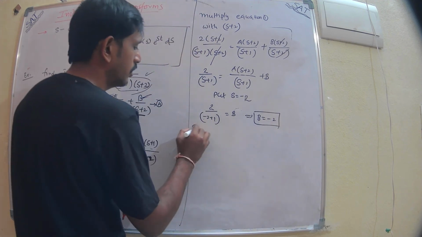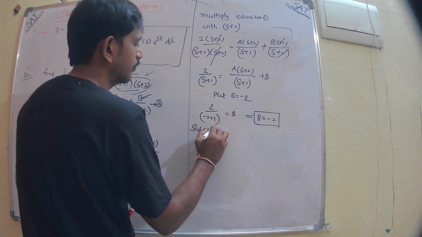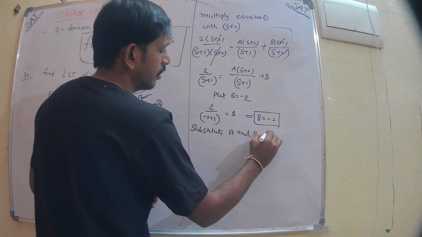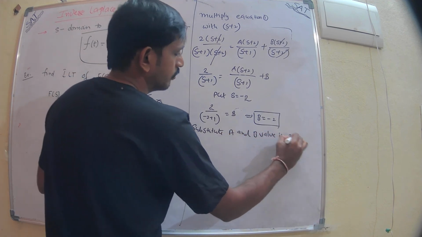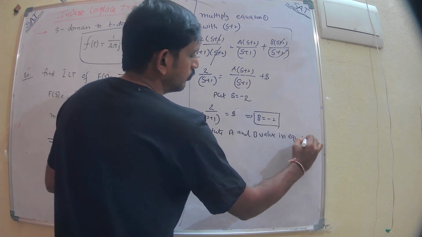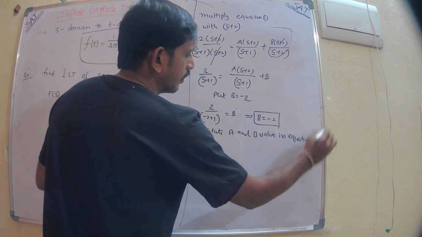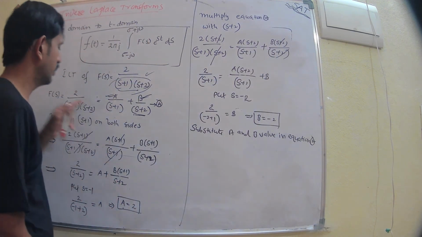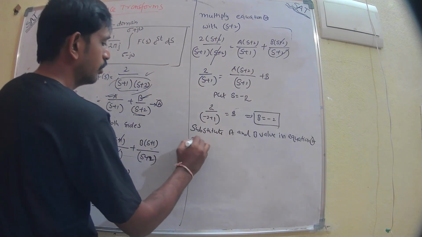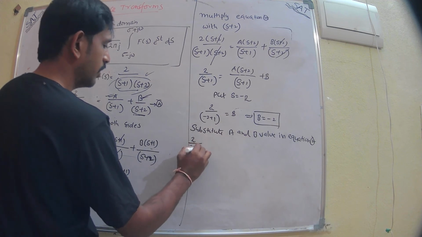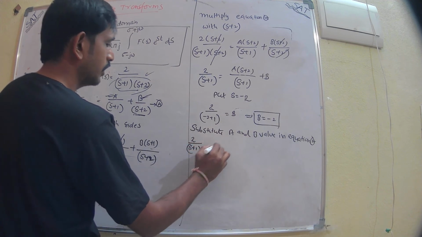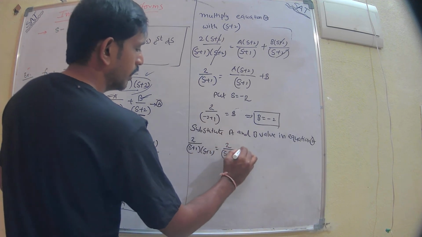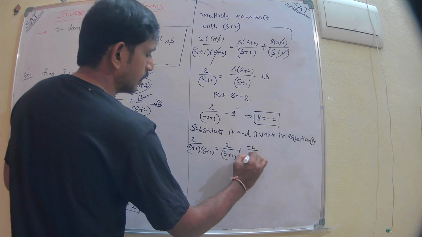So substitute the A and B values in equation 1. So 2 by (s plus 1) into (s plus 2) is equal to, in the place of A, 2 by (s plus 1), plus, in the place of B, minus 2 by (s plus 2).